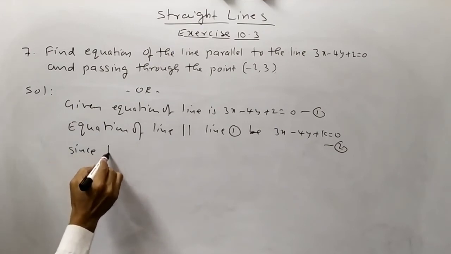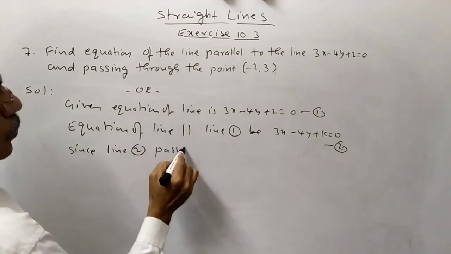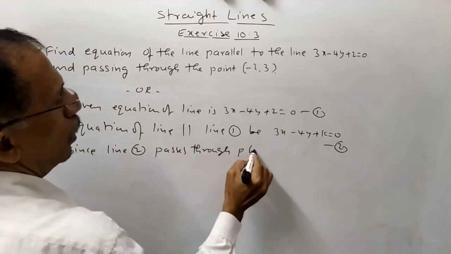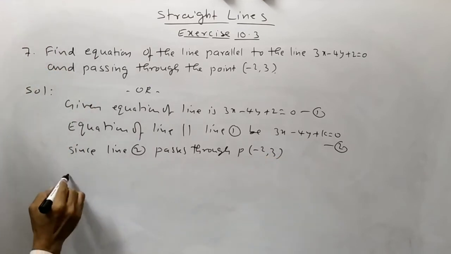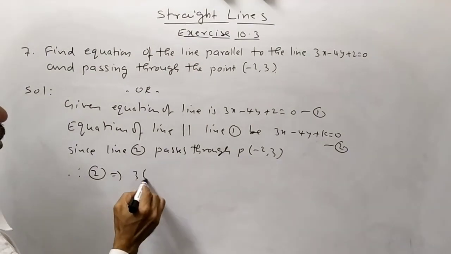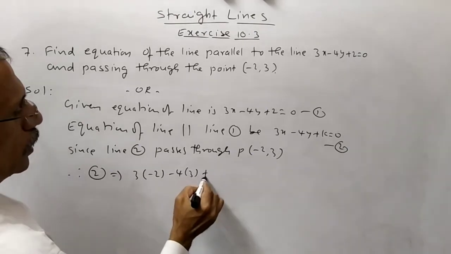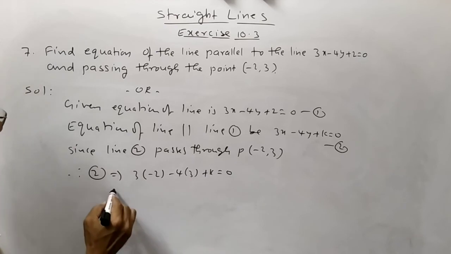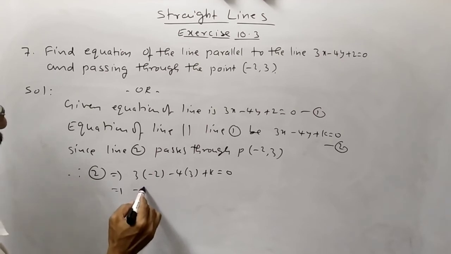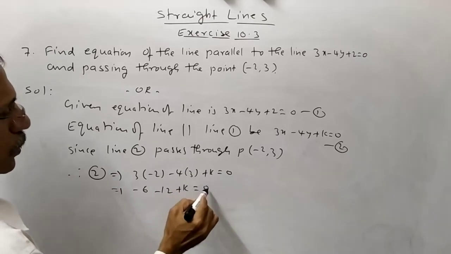Since line 2 passes through point with coordinates -2, 3, therefore, 2 implies 3 into -2 minus 4 into 3 plus k is equal to 0. This implies -6 -12 plus k is equal to 0.